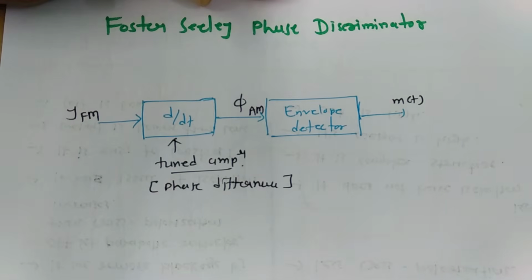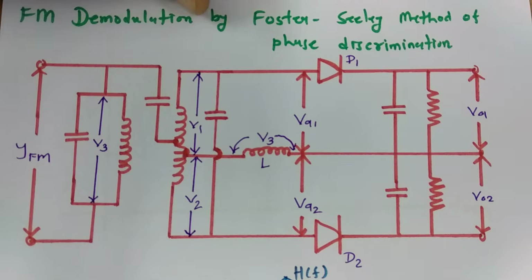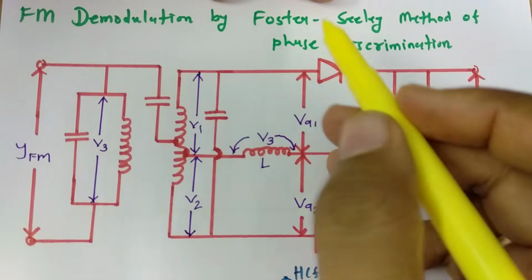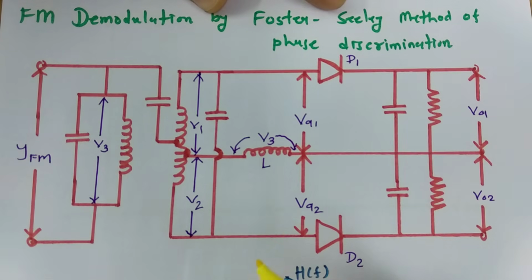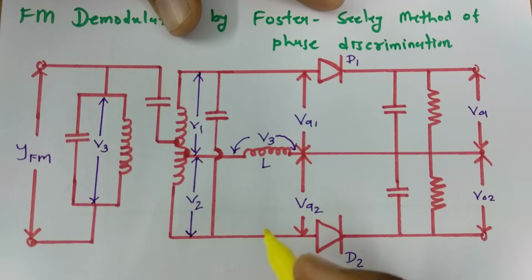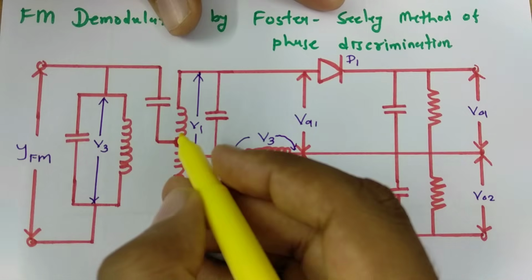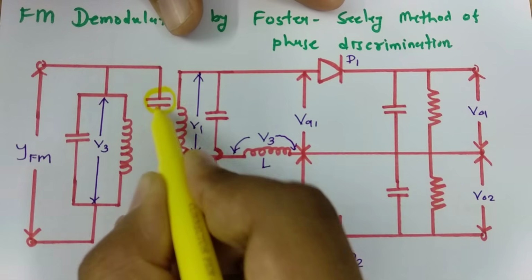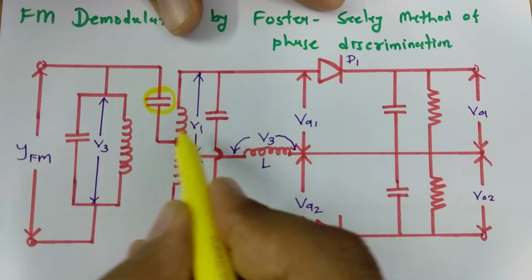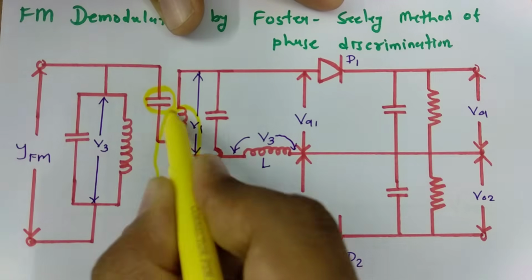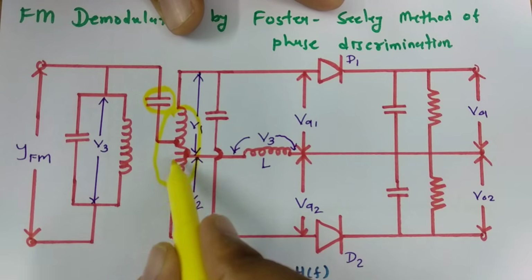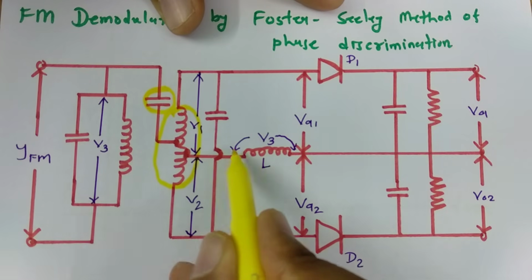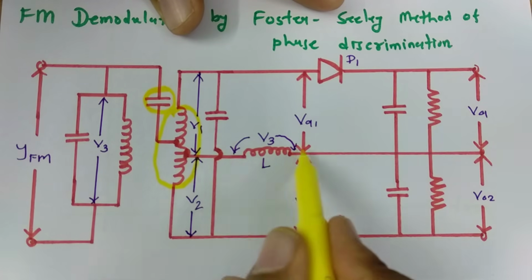So let us move further to the basic circuit diagram. Here one can see the basic diagram of the Foster Seeley phase discriminator, and you will find there are three differences with respect to the frequency discriminator. One basic difference is that we connect this capacitor over here. Second, there is a single inductor that is center tapped, and that is what we are connecting here.